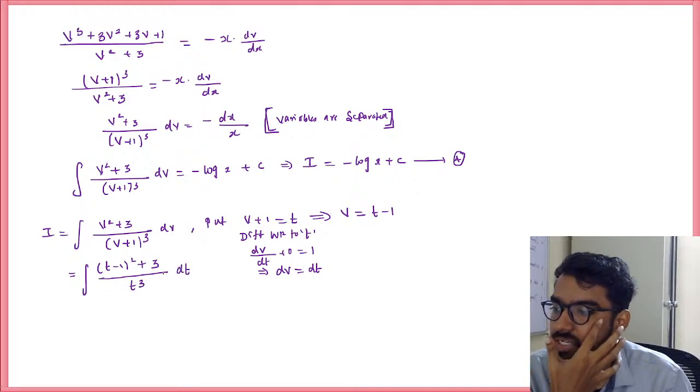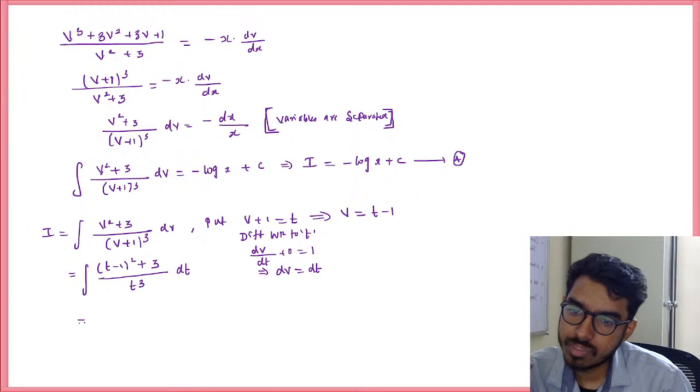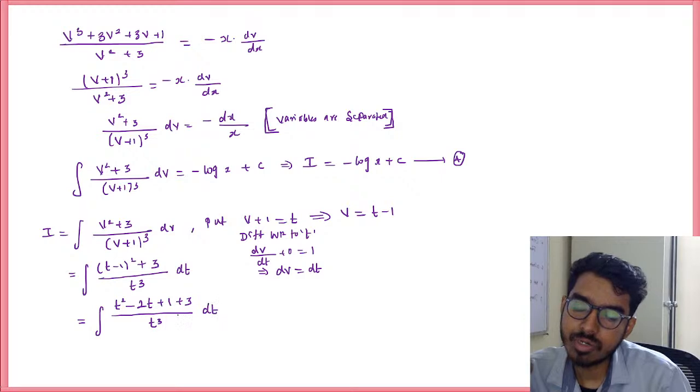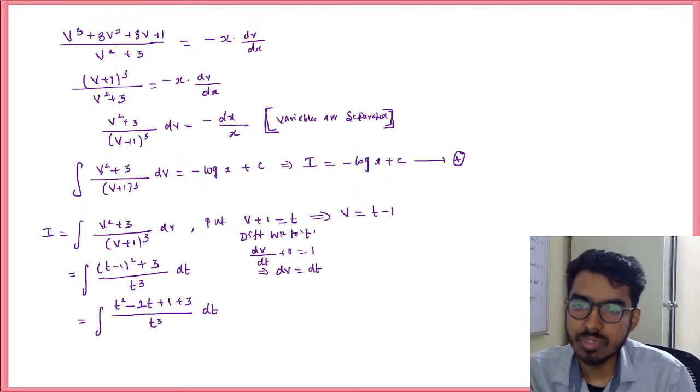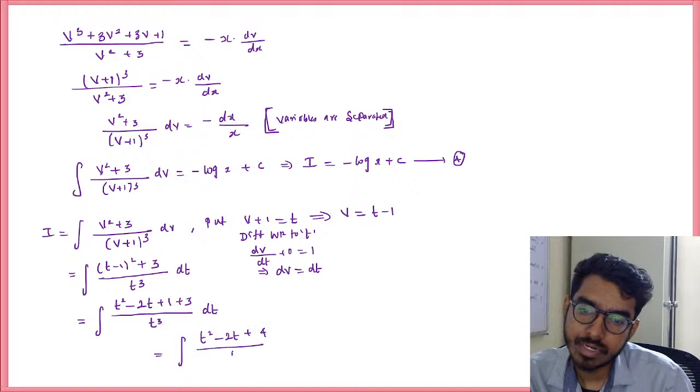So this will be integration of, a minus b whole square formula, a square minus 2ab plus b square plus 3 divided by t cube dt. This will be integration of t square minus 2t plus 4 divided by t cube dt.